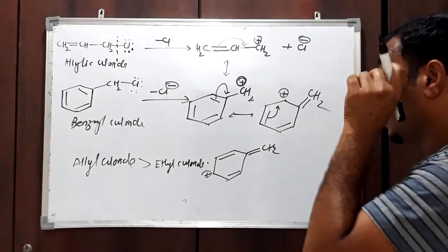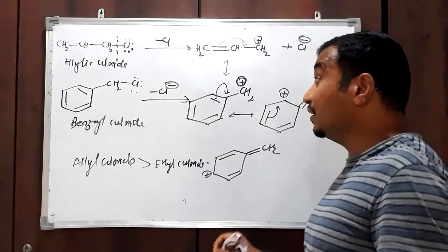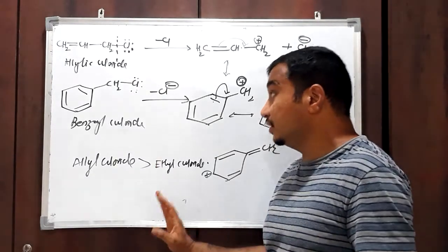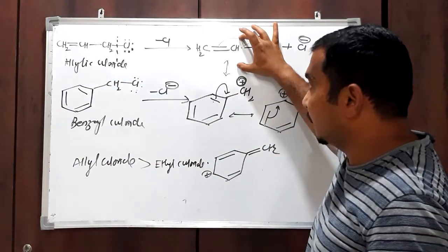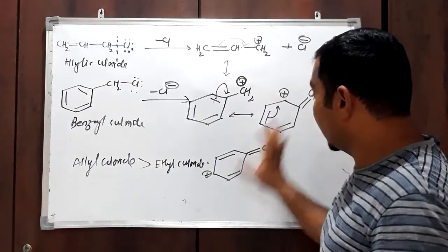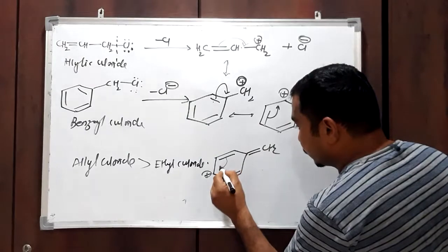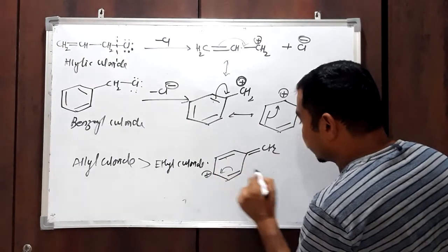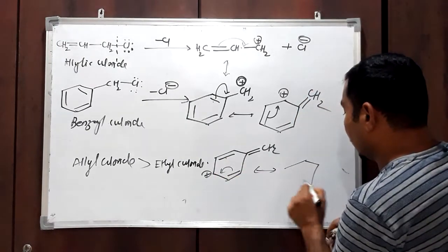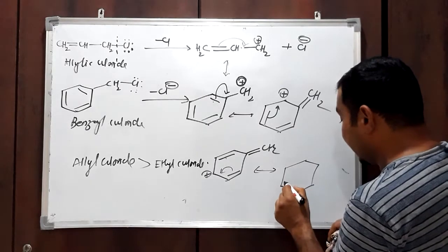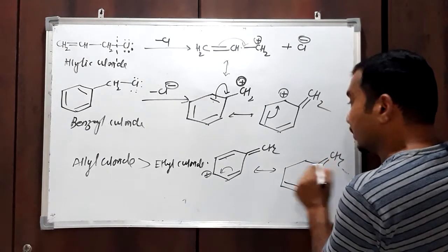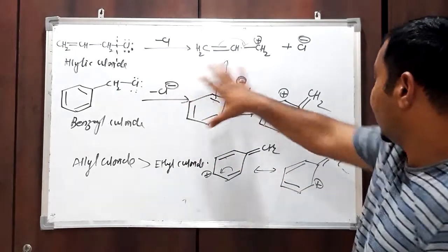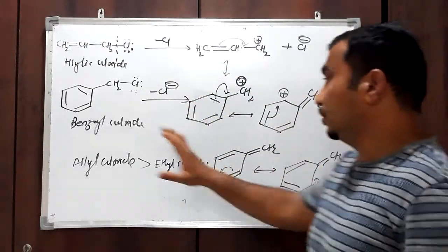So benzyl chloride has even higher reactivity than chlorobenzene as well as allyl chloride. Resonance structures are fewer in allyl chloride, and more here. Therefore benzyl chloride has higher reactivity toward nucleophilic substitution reaction. These are the various resonating structures for benzyl chloride.